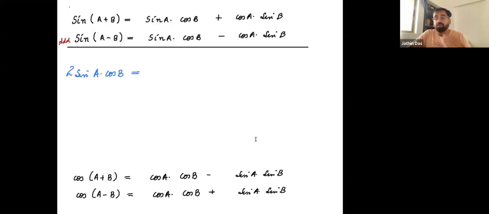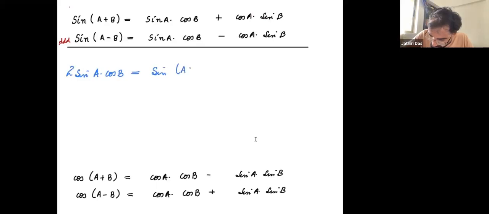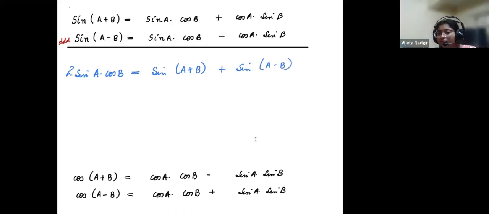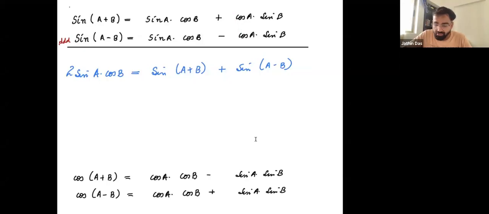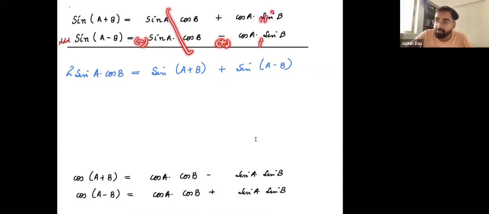So whenever there is a 2 and a product of sin and cos of two different angles, what I usually do is I write sin A plus B plus sin A minus B. Okay, listen. Now suppose I'm subtracting. In subtracting, what will happen? This will be minus, this will be plus. So this will cut and this will add up. Okay. So it will become 2 cos A sin B.